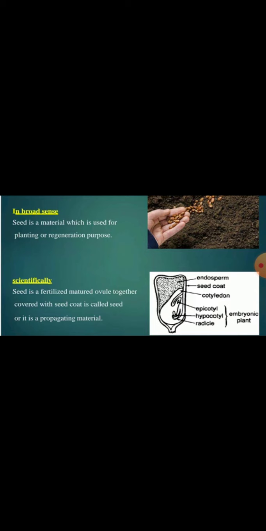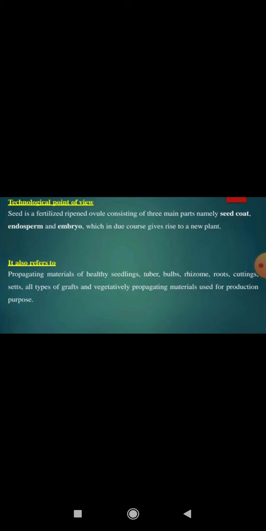Then comes cotyledon and embryonic plant parts, consisting of epicotyl, hypocotyl and the radicle. There is also a technical point of view about the seed, that it is a fertilized ripened ovule consisting of three main parts: seed coat, endosperm and embryo, which we discussed already with the help of the labeled diagram.